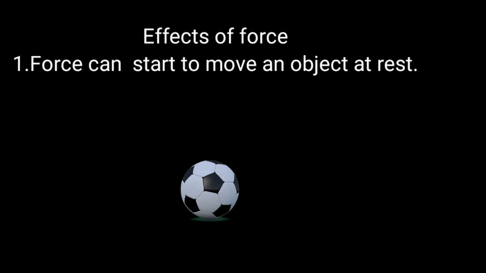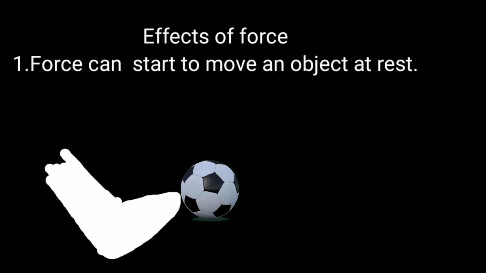This football is not moving, the football is at rest. But when I apply the force, when I kick this football, it will start moving. That means I have applied the force with the help of my foot, and the ball started moving. So I hope you have understood number one, that force can make the object move that is at rest.